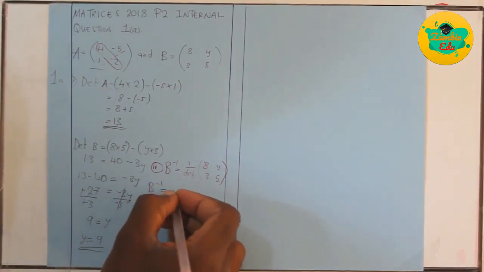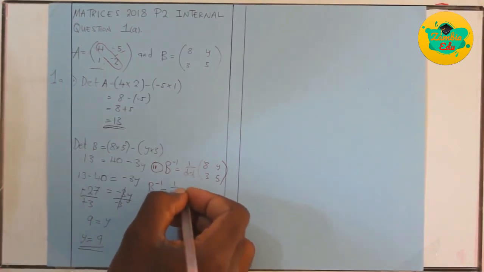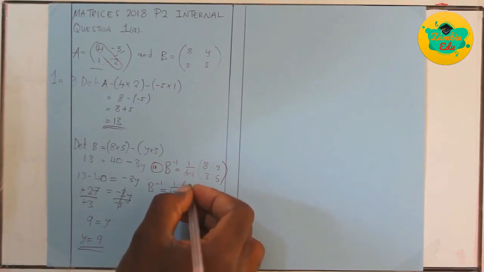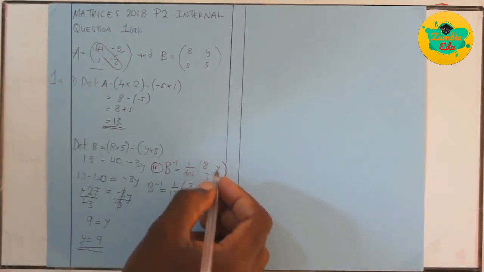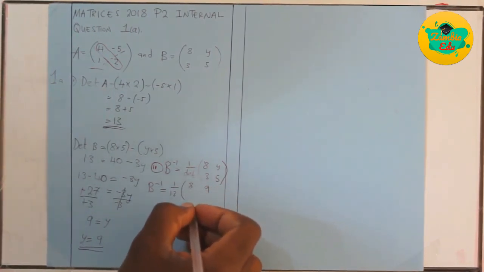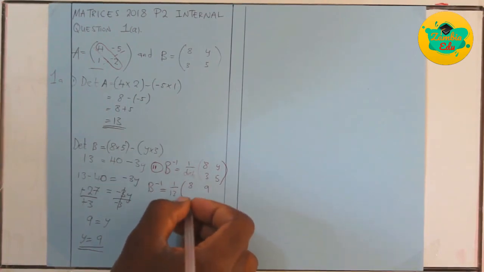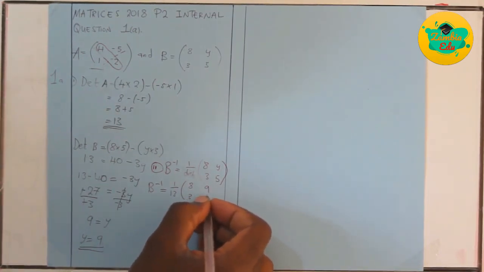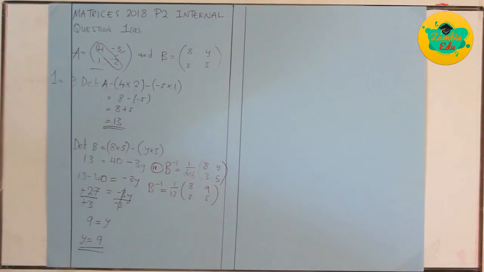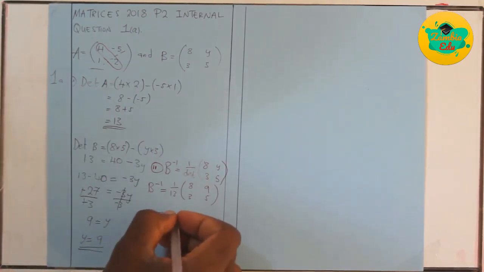So our B inverse is equal to 1 over the determinant being 13, open bracket, 8, replace Y with its value, 9, then you have 3 there, you have 5, however you're not done, we've not swapped.